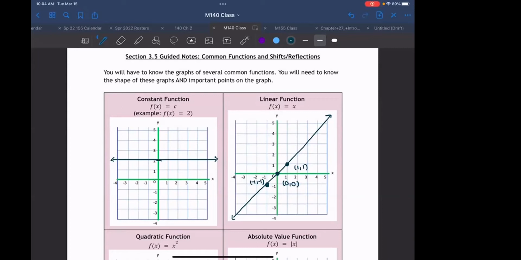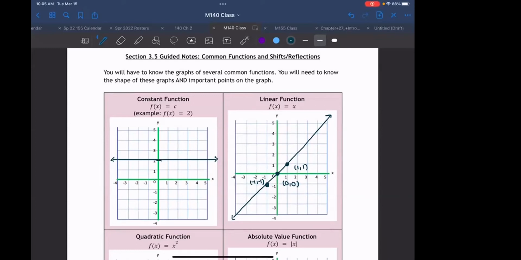Does the linear function always have those 3 points? If it's y equals x, yes. But we can do things to that function to make it have different points. When we did graphs of lines, some of those didn't have those points, but we'll get into shifts and transformations. I pointed out 3 points for pretty much every function.